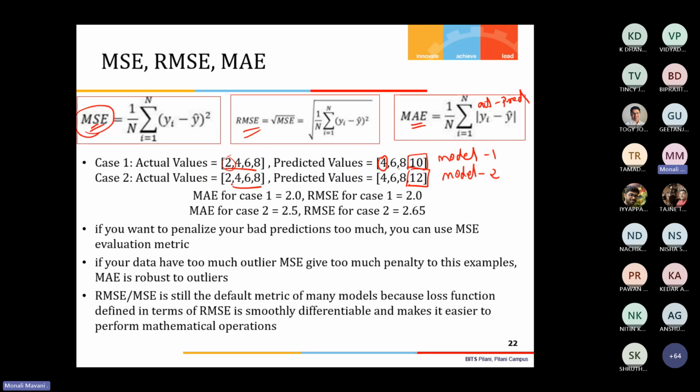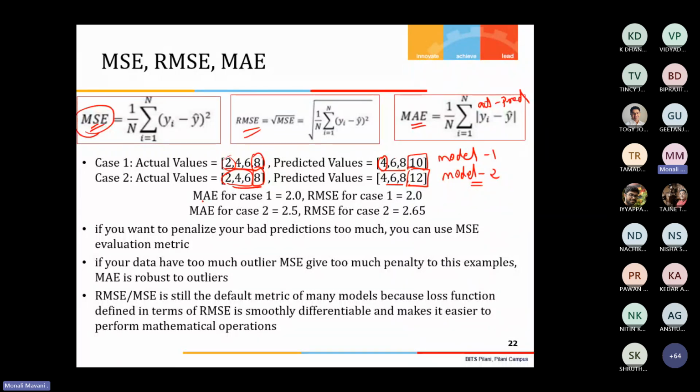So we see that for the rest of the data points, both models have predicted the same values. Only for the last data point, say 8, model 1 has predicted 10 and model 2 has predicted 12. That means model 2 is deviating more from the actual values.